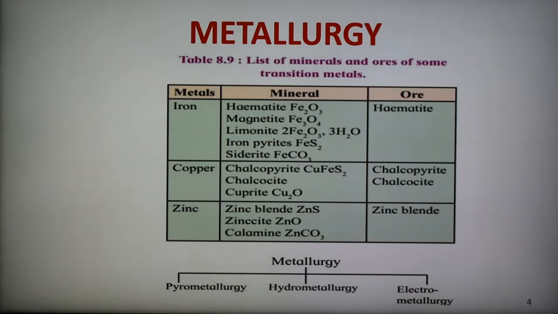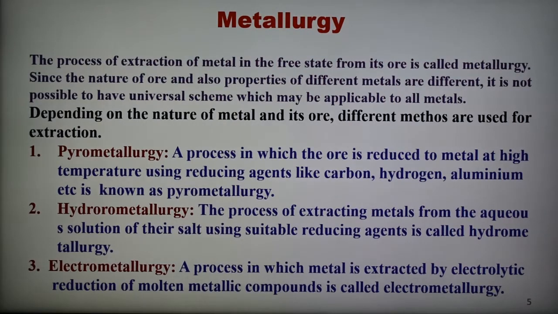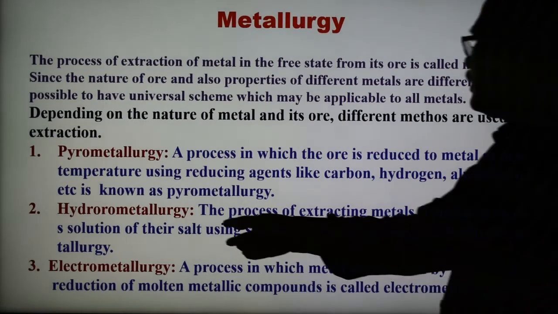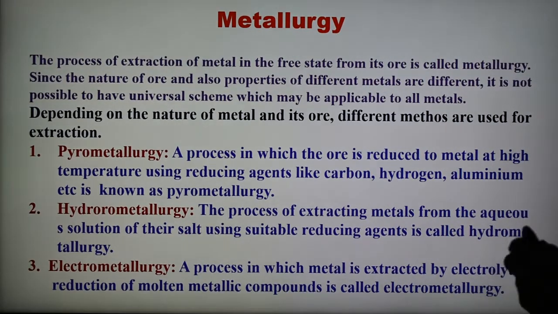Depending upon the nature of the metal and its ore, different methods are used for the extraction of metal. As we have seen, there are three types of metallurgy: pyrometallurgy, hydrometallurgy and electrometallurgy. What is pyrometallurgy?